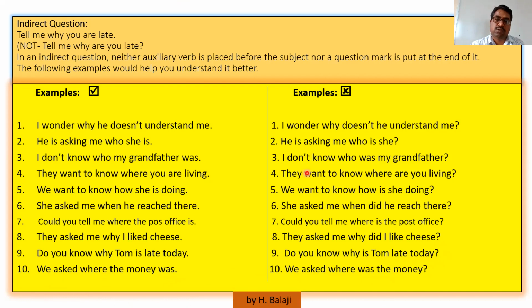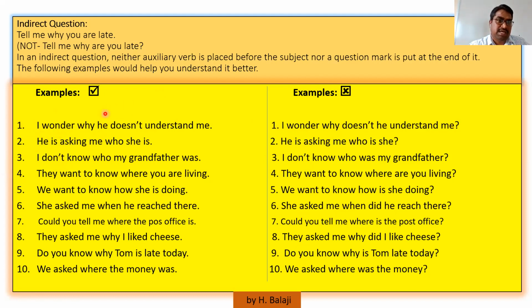The same thing, all these 10 examples go against the rule which is set by the grammar to be followed while making direct and indirect questions, right? Here we are talking only about indirect questions. So please avoid making your indirect questions like these questions, and practice making your indirect questions like the questions in the first category, right?